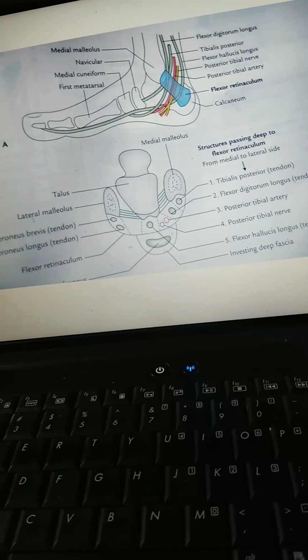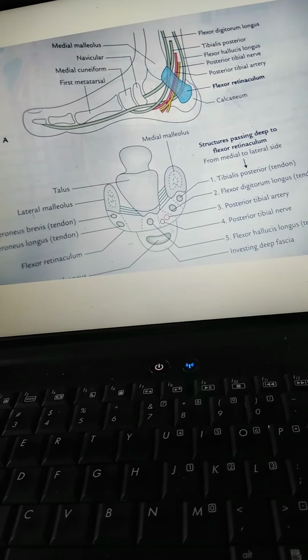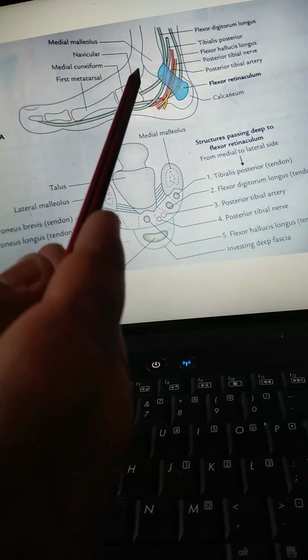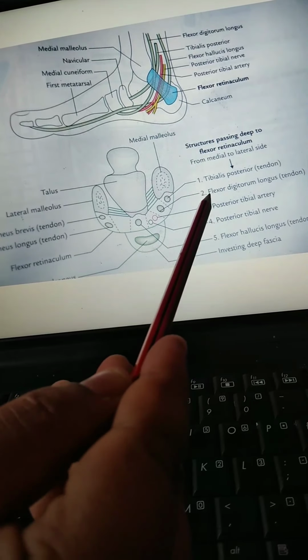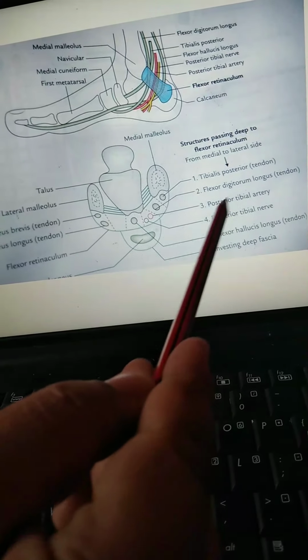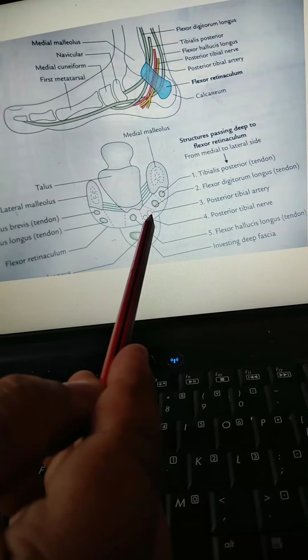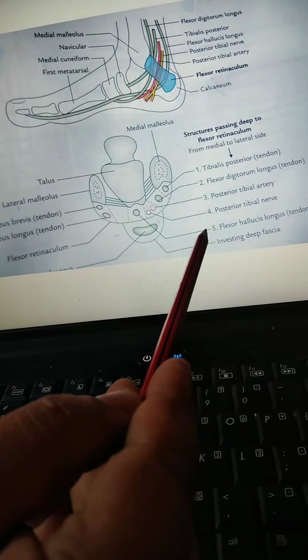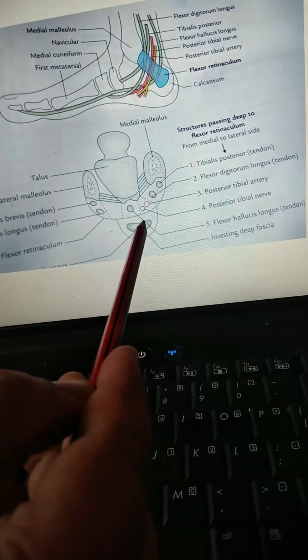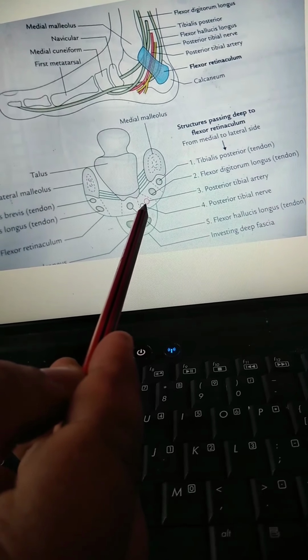Structures which pass deep to the flexor retinaculum, from medial to lateral side, are: tibialis posterior, then flexor digitorum longus, posterior tibial artery, posterior tibial nerve, and flexor hallucis longus tendon.